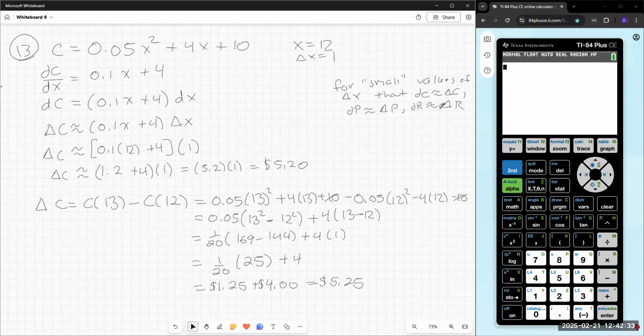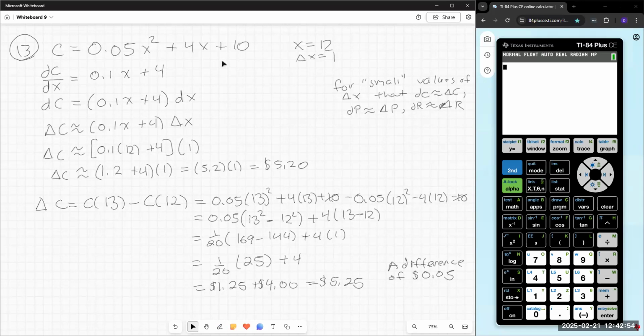And so my difference here is 5 cents between my estimate and my exact value. Not bad.